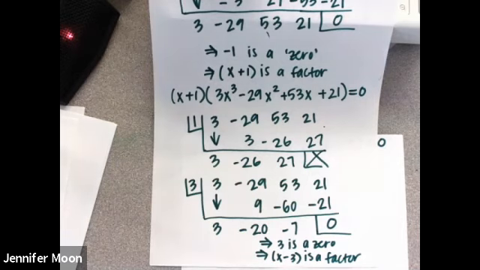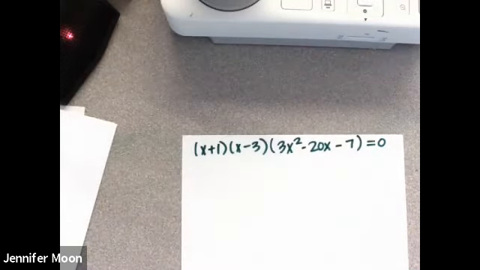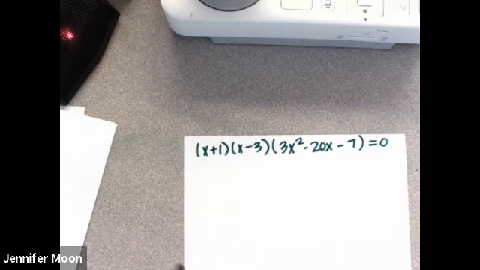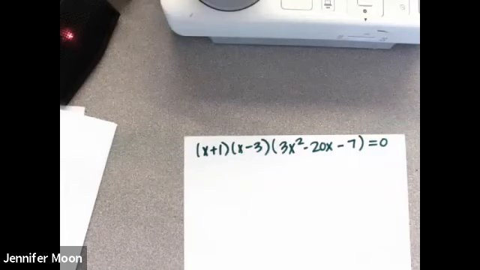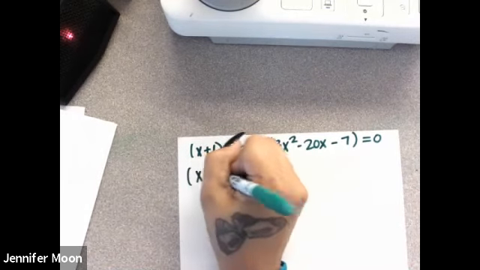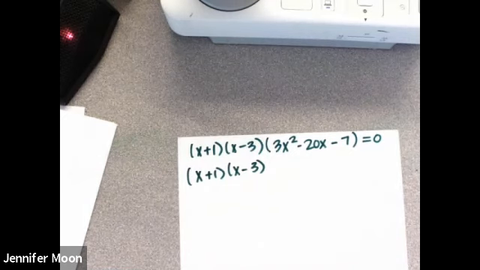Okay. Yay, math. Okay, so now I have the first factor I found, the second factor I found. This is the quotient, right? This came from the synthetic division I just did. I know how to work with this, right? Now, usually with trinomials, you can do the AC method. It just sucks if you try to do it and it doesn't work and you get frustrated and you're like, okay, now I've got to do the quadratic because that will always work. A lot of times here recently, what I've been doing is just trial and error and just throwing it into factors, right?